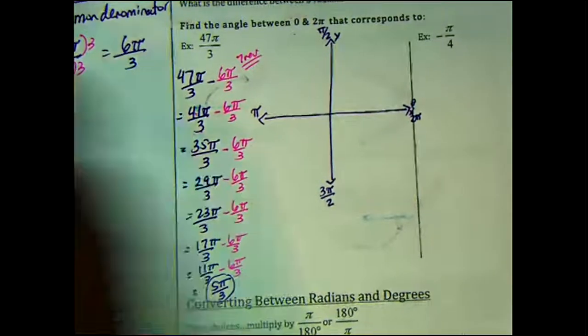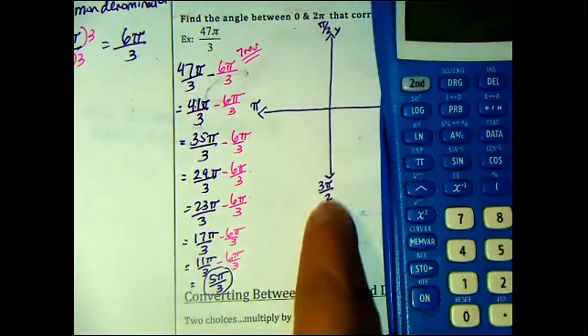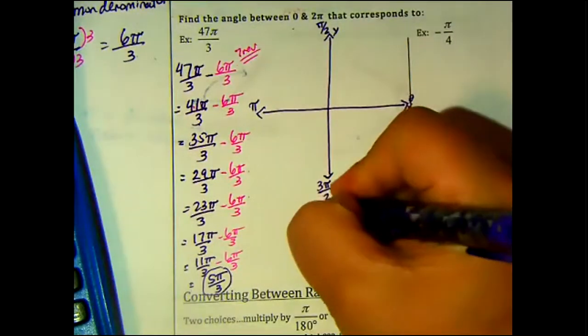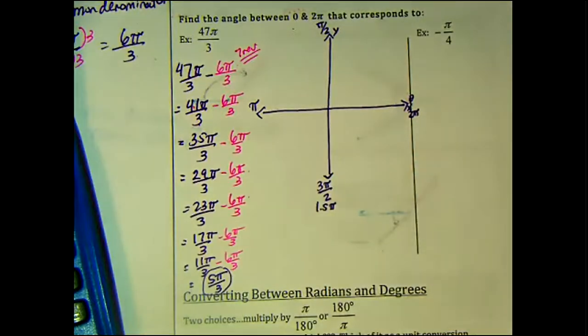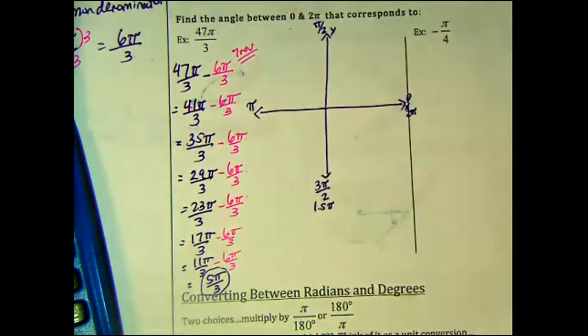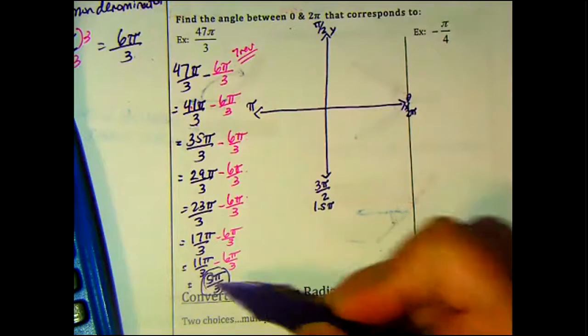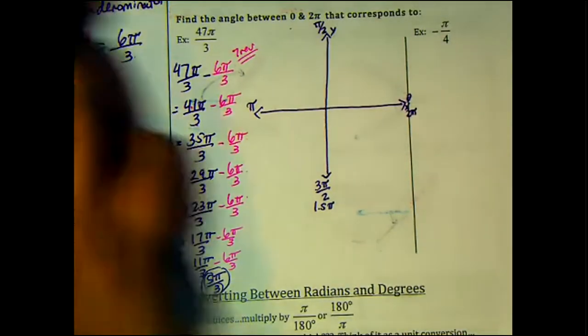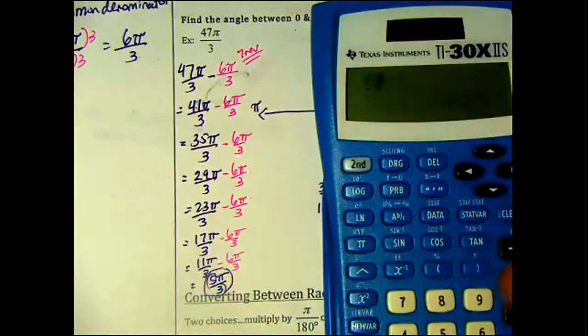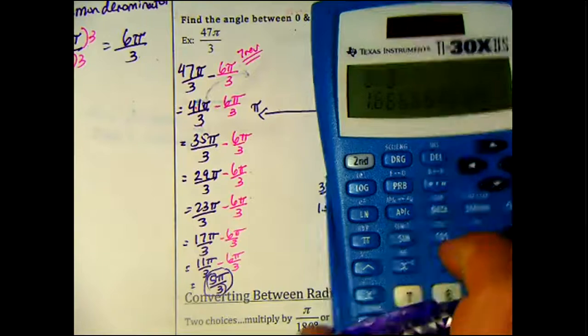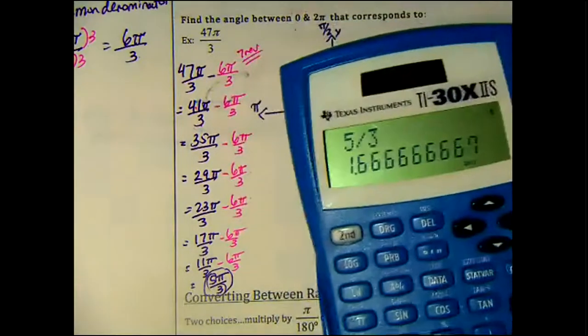And so there's an easy way to check that. 3 pi over 2, okay, 3 divided by 2, that's the same thing as 1.5 pi, yes? Because 3 divided by 2 is 1.5. So if I figure out the decimal equivalent of 5 over 3, excuse me, okay, that's 1.67.